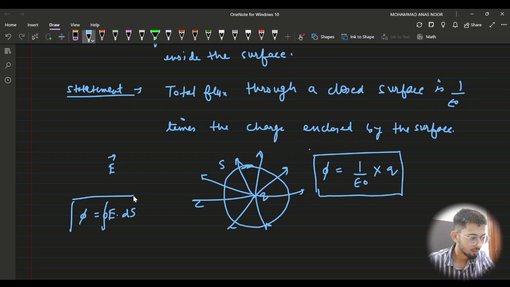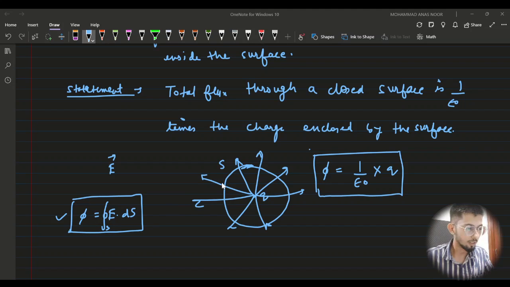This is the usual definition of flux. Flux is the surface integral of E dot ds, right? This is the dot product. But here, by using the Gauss theorem, if you are given some charge inside the surface, you can directly find the flux through that surface by multiplying that charge with 1 by epsilon naught.